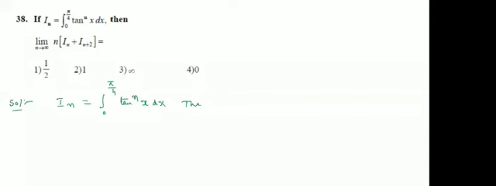Then I_n plus I_(n-2) is equal to how much? 1 by n minus 1. This shortcut formula we already discussed in the previous class, proof also.